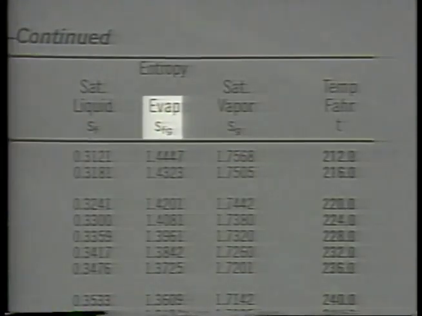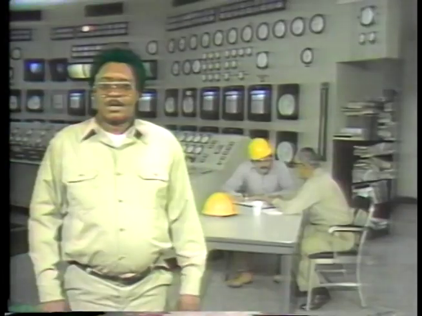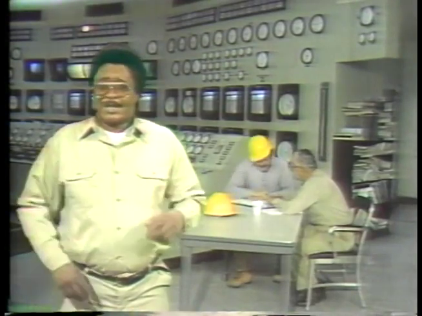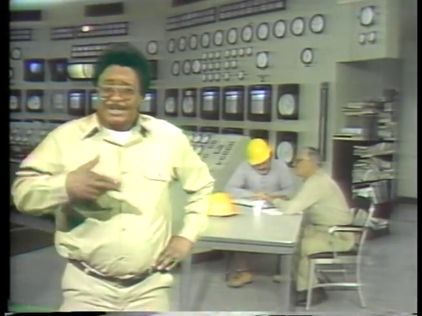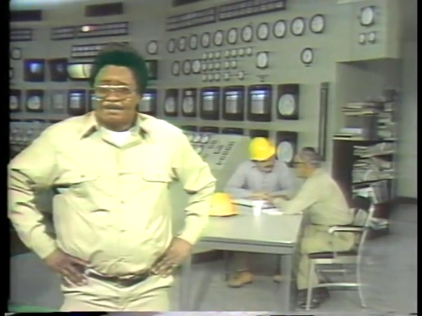The final column in Table 1 repeats the temperature in degrees Fahrenheit. The importance of this column should not be overlooked. When reading across columns of numbers, it's easy to lose your place or slip down a line or two. Having the temperature on either side of the table lets you make sure that you're reading the right line.